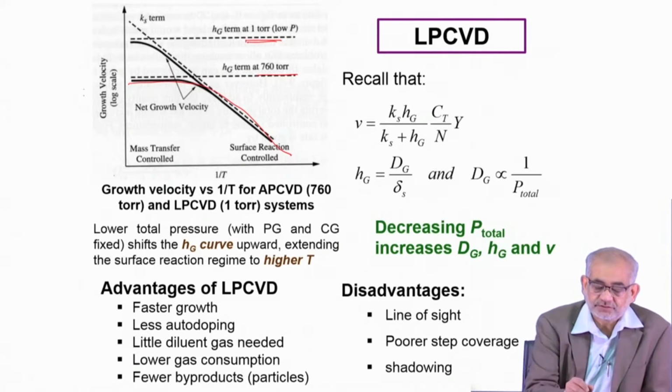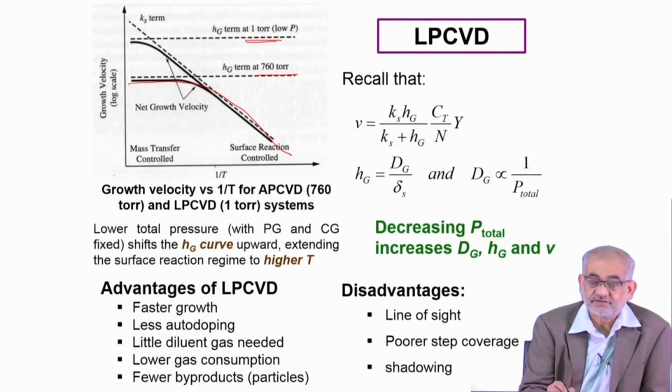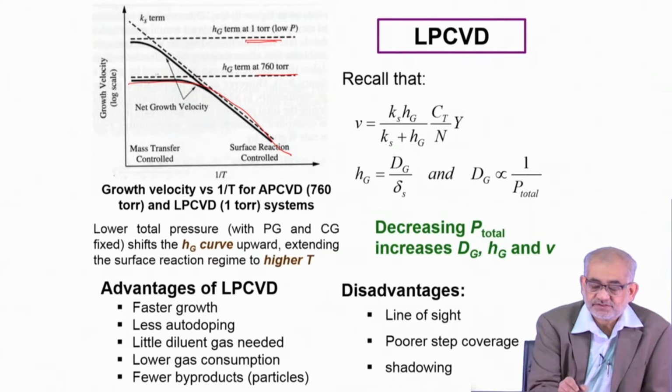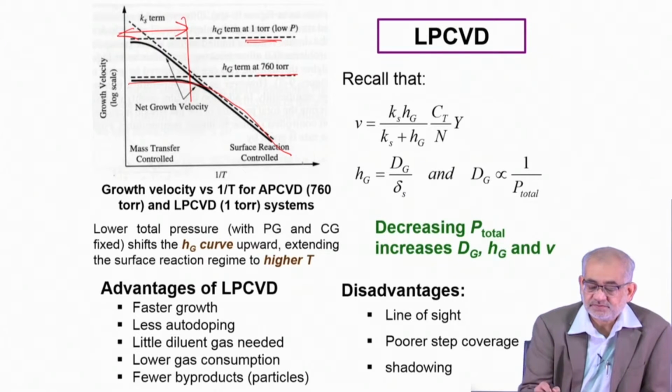If you plot growth velocity as a function of reciprocal of temperature, this is the high temperature region, and this is the region where normal atmospheric CVD would give you a velocity profile which will be high but not very high, but then it drops as the temperature decreases.